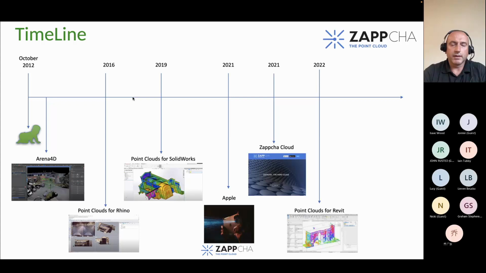We then raced forward to 2022, and we then created a new plugin for Revit. It seemed like the logical path, and it's then added to our 3 CAD application plugins by using the engine again in Revit.